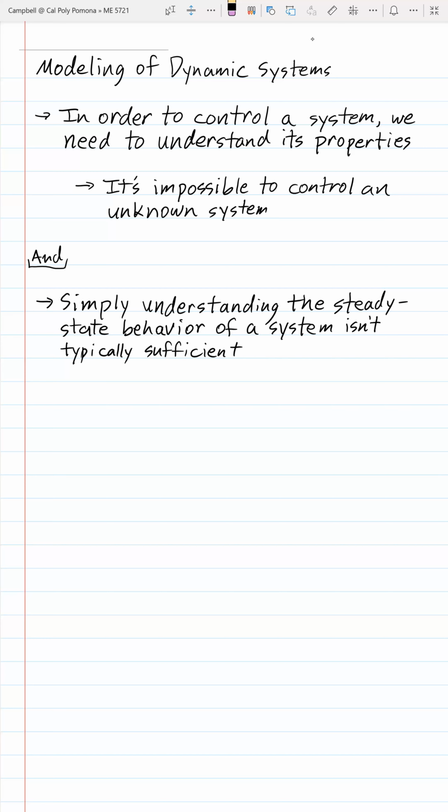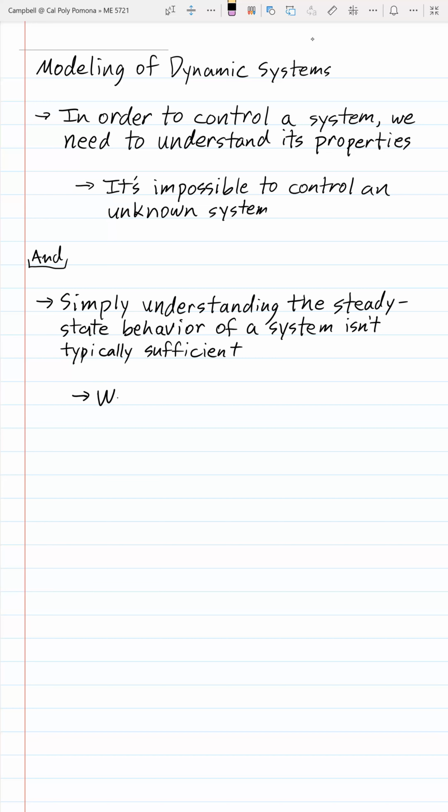So here I will say, but when we look at this first statement, the reason that's important is because understand that a lot of your undergraduate classes were doing just that. They were focusing on the steady state behavior of a particular system, which makes sense because, again, it gives us a lot of insight, but it's only a part of the overall picture of how a system will behave.